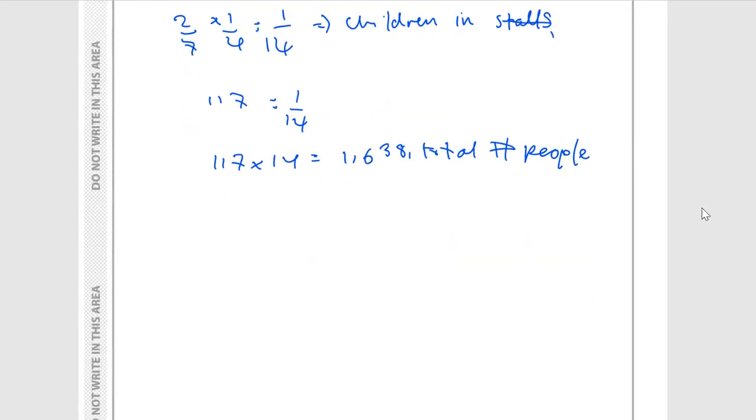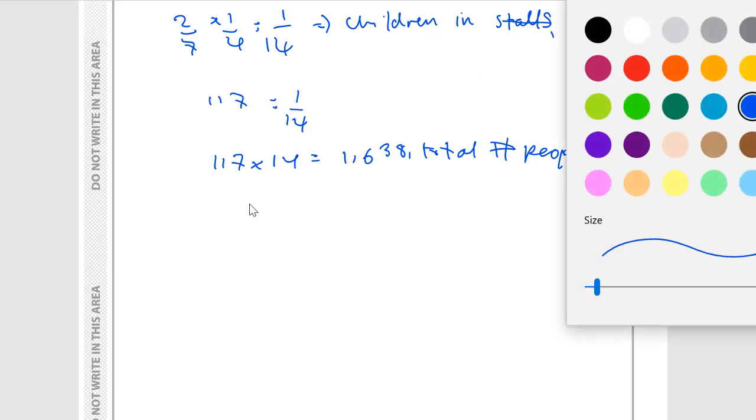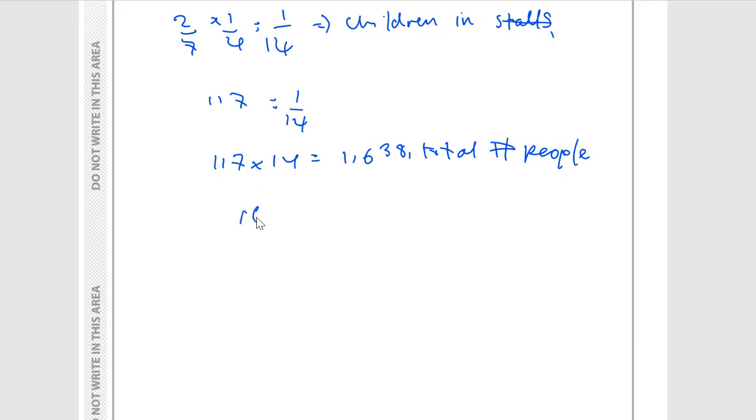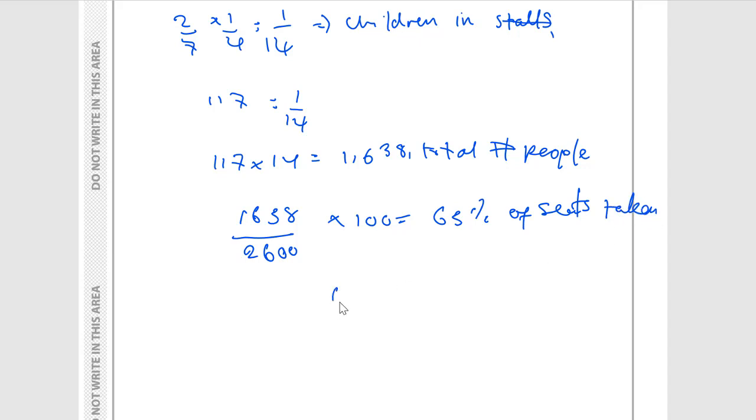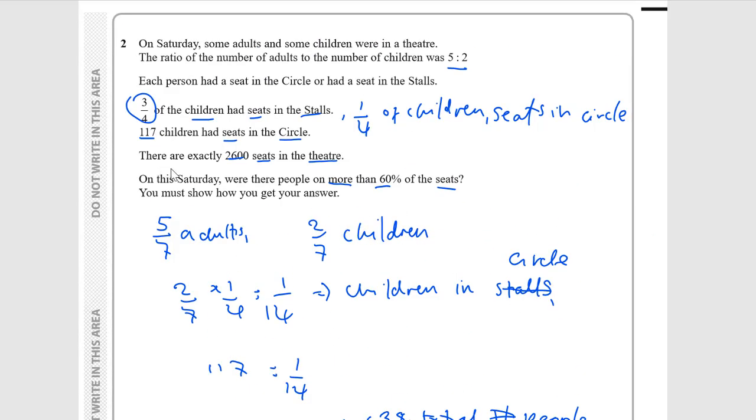And 1,638 divided by 2,600 times 100 is 63%. So 63% of seats taken. Obviously 63 is greater than 60. So the answer is yes, on Saturday, more than 60% of the seats were taken.